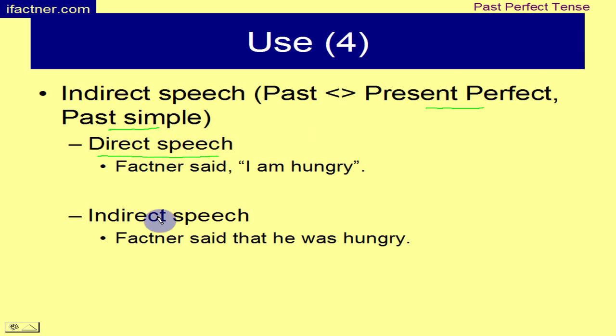Here we have got an example. Fechner said, comma, double quotes, I am hungry, double quotes closed, full stop. This is an example of direct speech because we are showing what Fechner actually said himself.